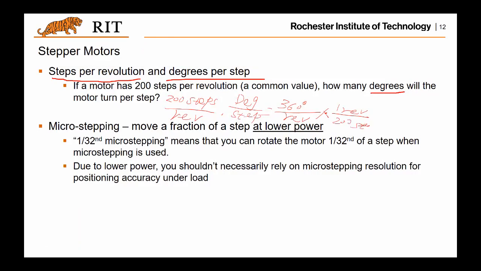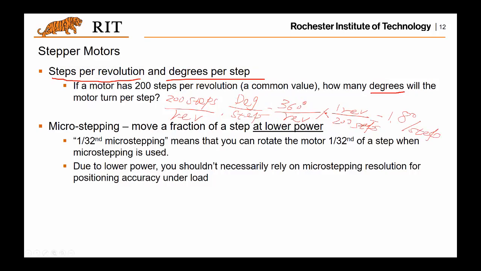That's given, right? Then 360 degrees over 200 steps gives you the degrees per step, which is, let me think, 1.8 degrees per step.